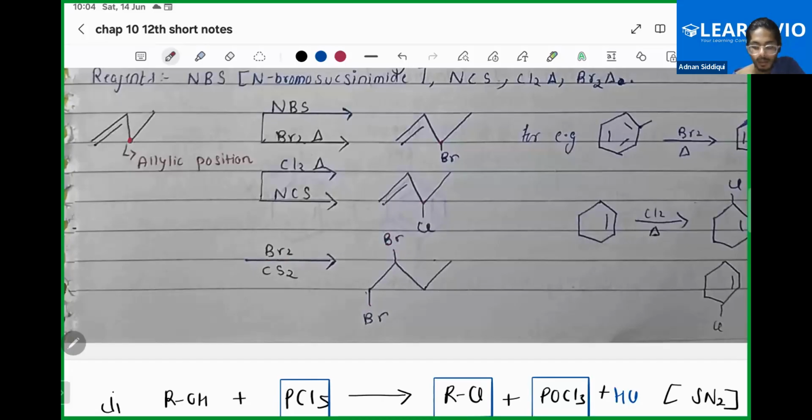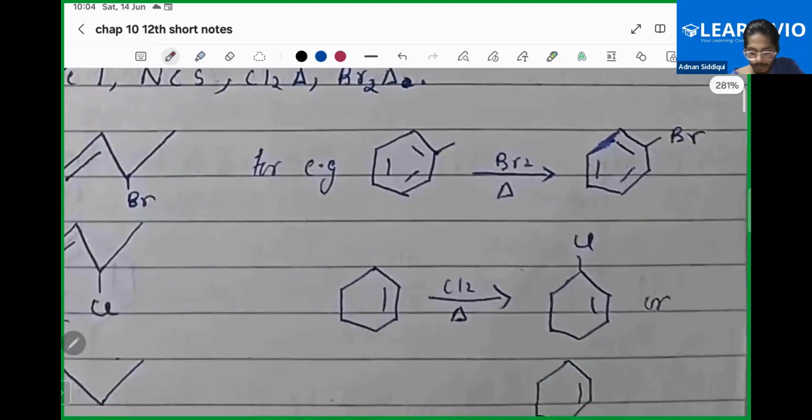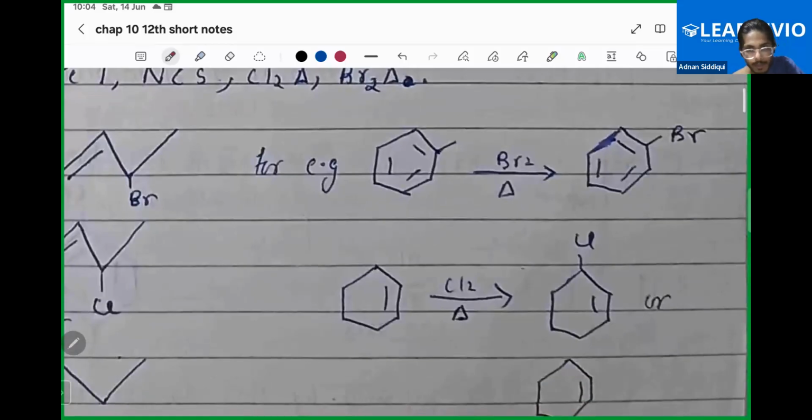For example, suppose I am doing this. This is a benzene, right? What we are doing? This is our double bond. The double bond's next carbon is this, right? Our halogen will be attached like this, not like this.